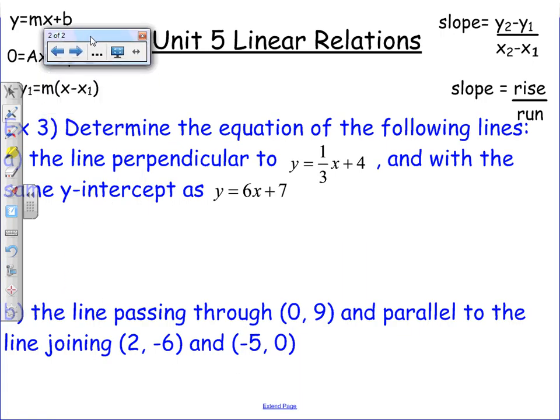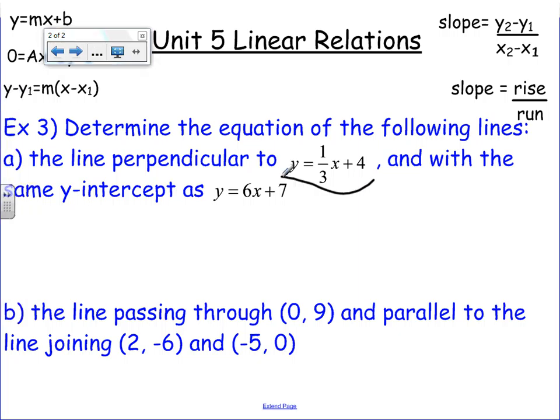Example 3. Determine the equation of the following line. A. The perpendicular line to this equation, and with the same y-intercept as this equation. So we've got a new line that we want to create.